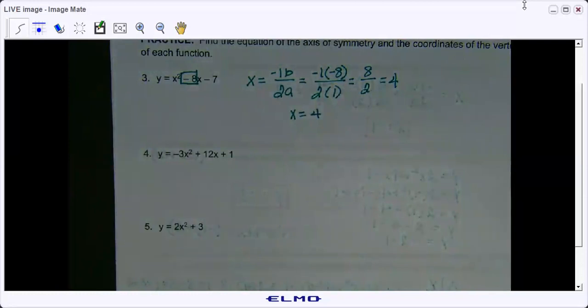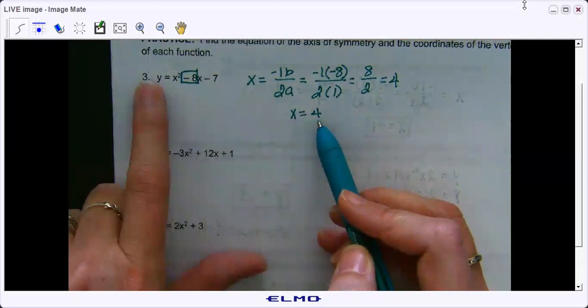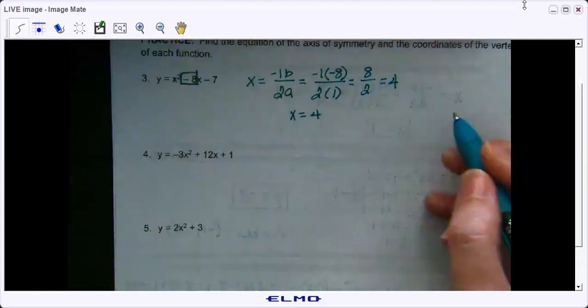Okay, can somebody else tell me what we're going to do next? Yeah, we're going to plug this into the x here, into the equation that we're given to find y, and then we have our vertex.